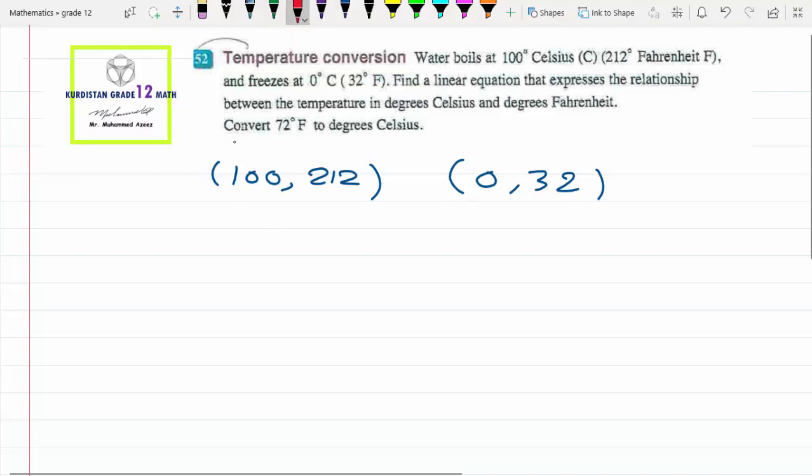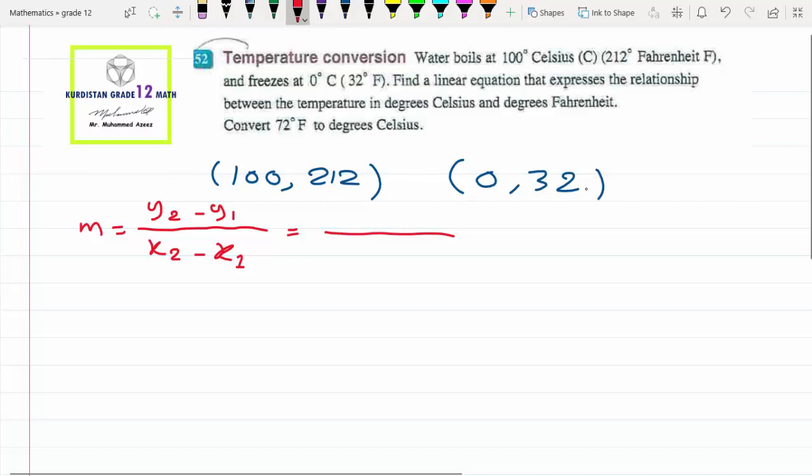Let's start. To find the slope first, when we have 2 points, the slope is y2 minus y1 over x2 minus x1. Here, let's consider these ones as x2, y2 and these two as x1, y1.